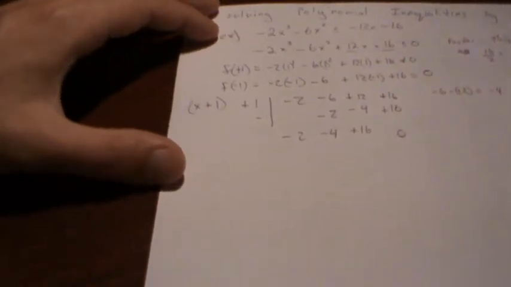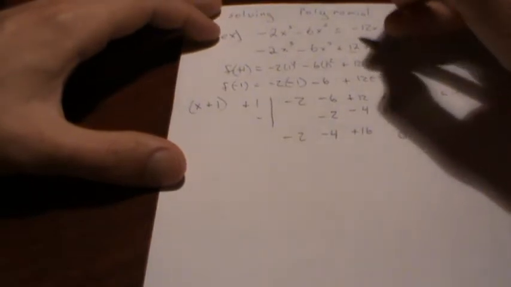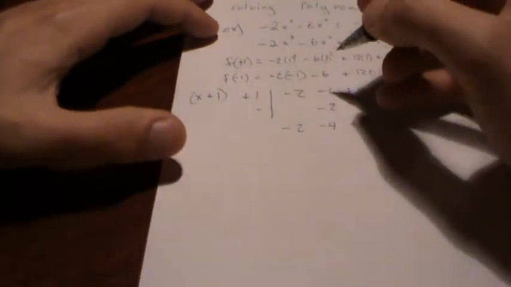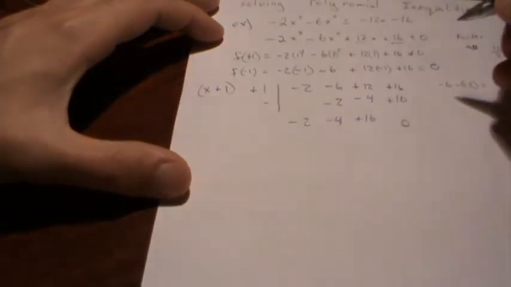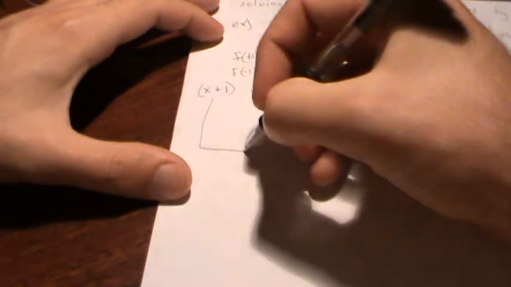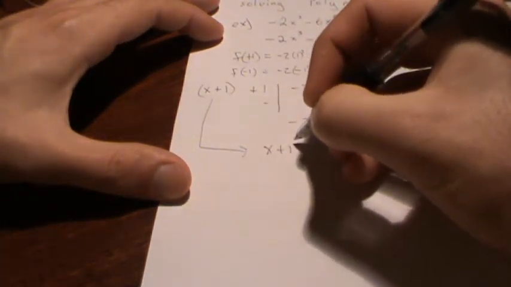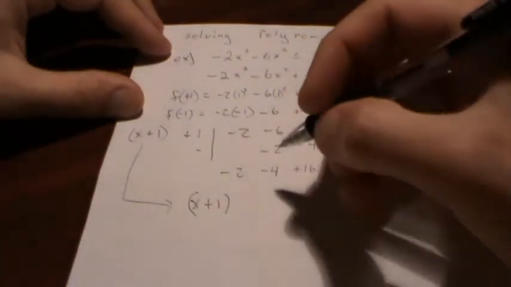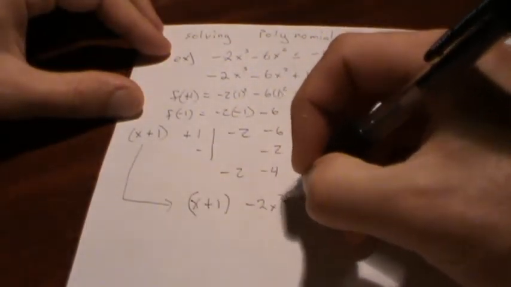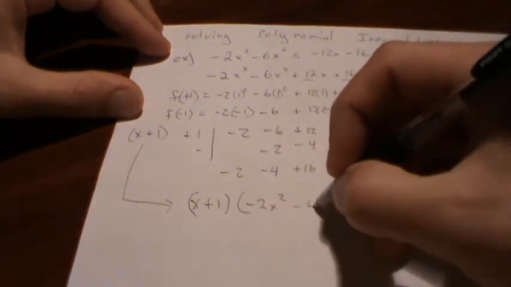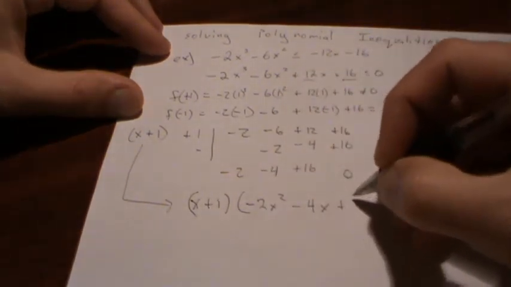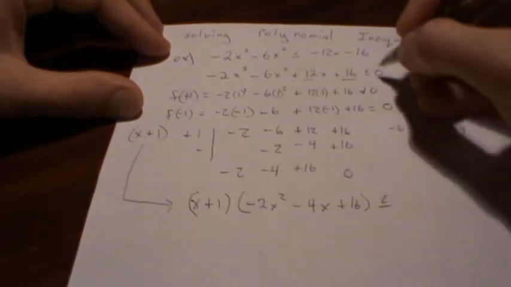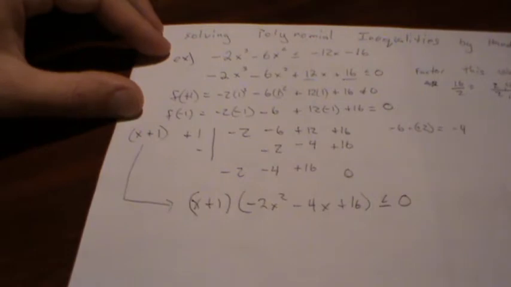And so our polynomial, that is slightly factored, is now like this. x plus 1 is a factor, and then negative 2x squared minus 4x plus 16 is a factor, and this is still less than or equal to 0.